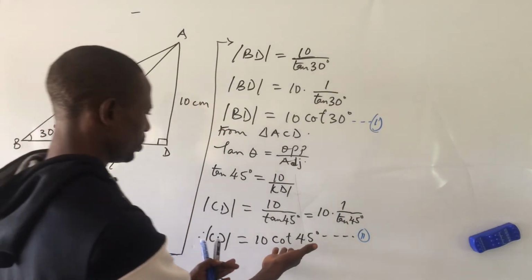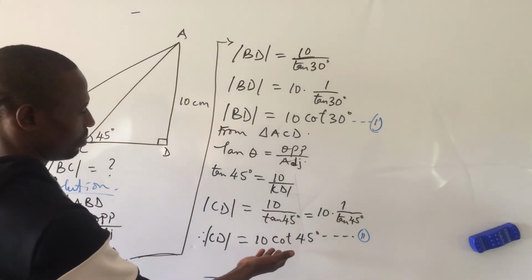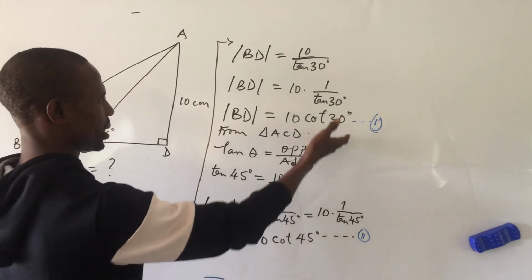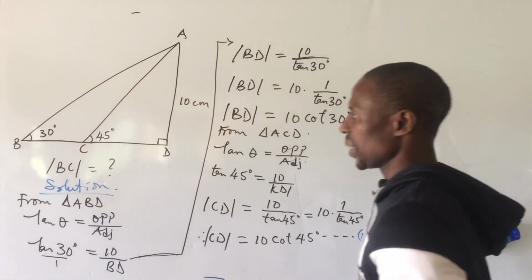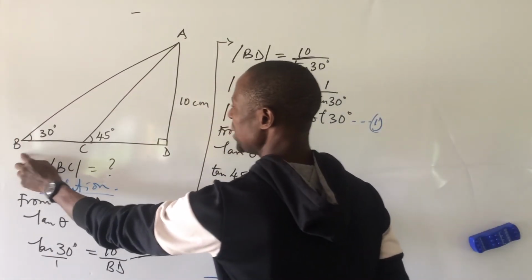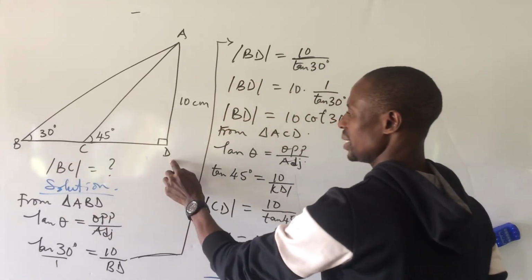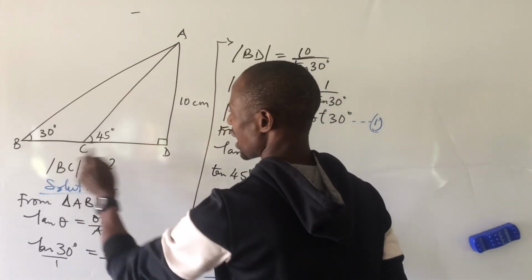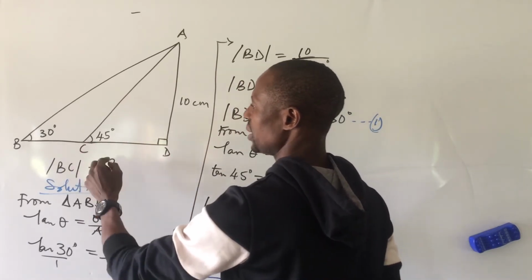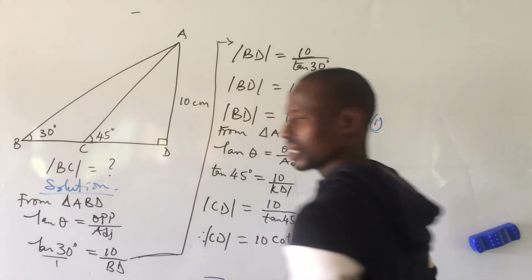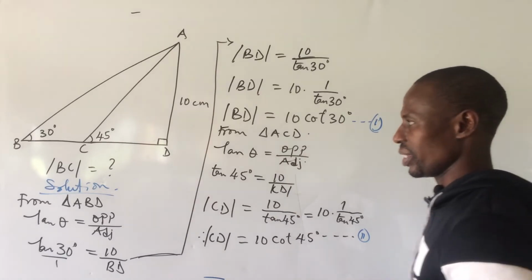Now there is a kind of similarity between equation 2 and equation 1. Why? Because we are looking for BC. And once we can get BD, then we can subtract CD from BD to give us our BC. So let me bring out the relationship.